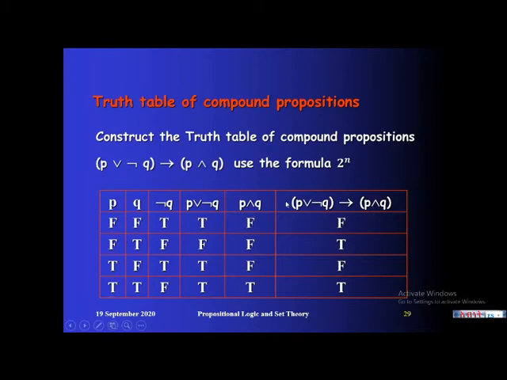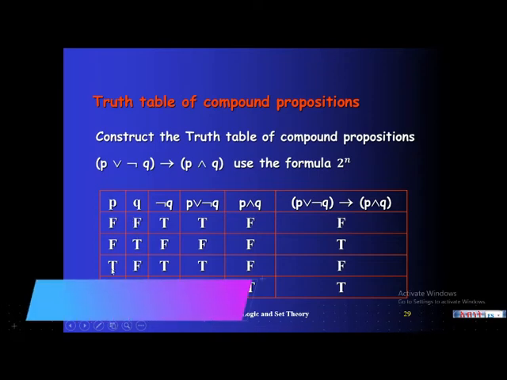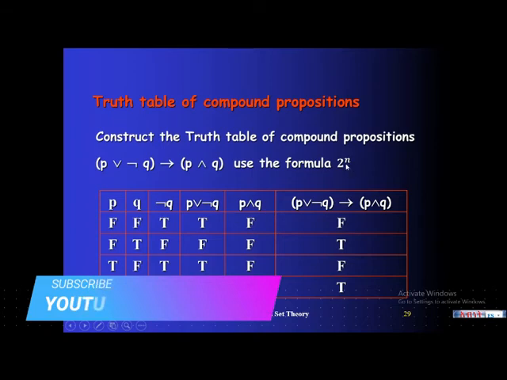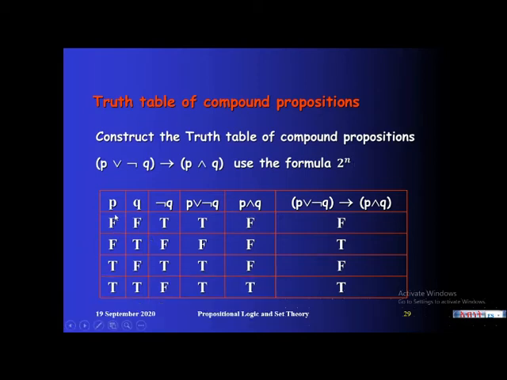So in order to write the values, we have to be systematic. We have to use a system. 2 to the power of 2 is equal to 4, over 2. Why do I divide by 2? Because one statement may have a chance to provide either true or false. So for the value of P, give false, true.